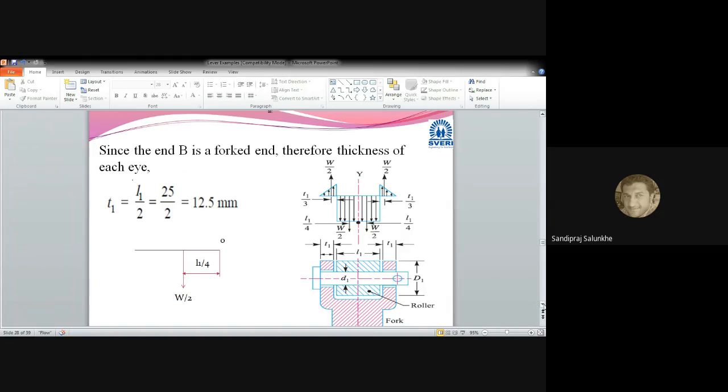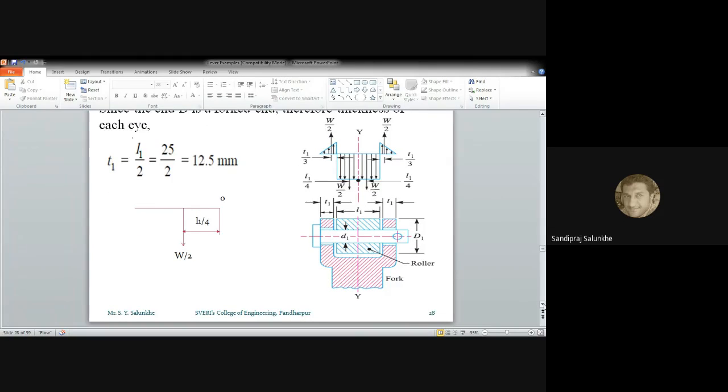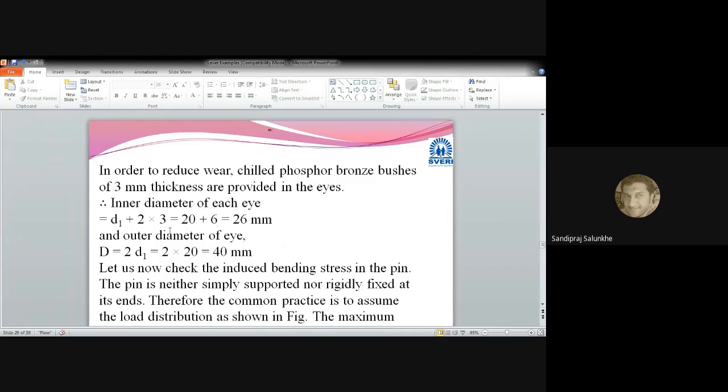Okay, and also we were calculating the bending moment. So here are the dimensions of the bush for the pin which is at point B. Here we have considered the thickness of that bush as 3 millimeter, as we have seen in case of the bush which we designed at point F. But you can change this thickness.